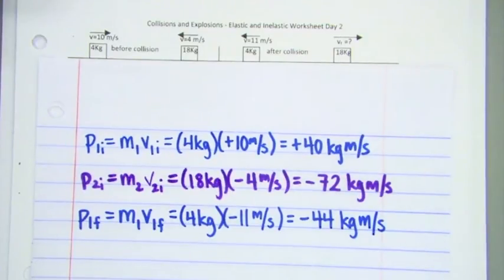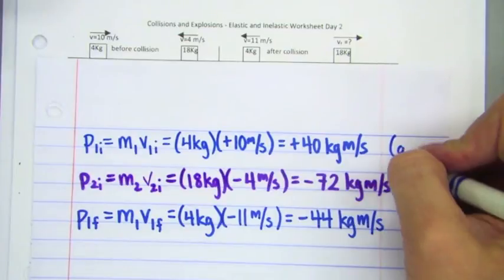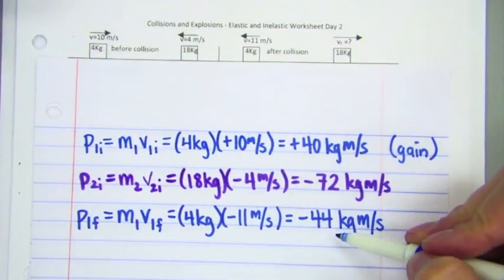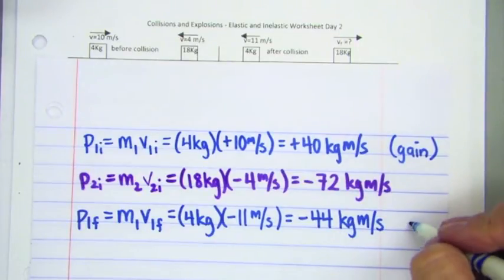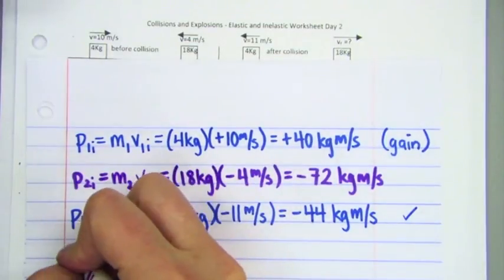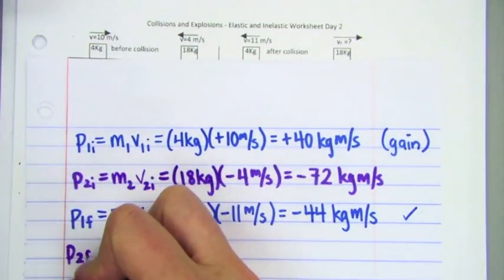Okay, we said that object 1 is going to gain momentum. We found it to be 44 after collision, so it did gain. We said object 2 is going to lose momentum.